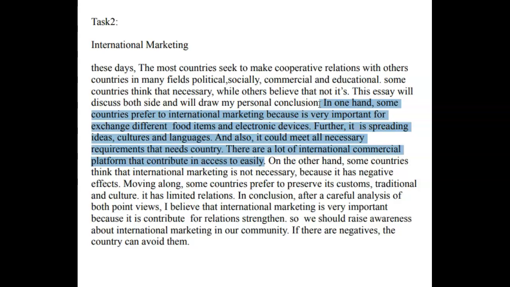Okay, so "on the other hand, some countries think that international marketing is not necessary because it has negative effects." All right, that's a good sentence. Nice. Moving along, you said that, but you have to explain to us why. "Some countries prefer to preserve their customs, traditions, and culture."